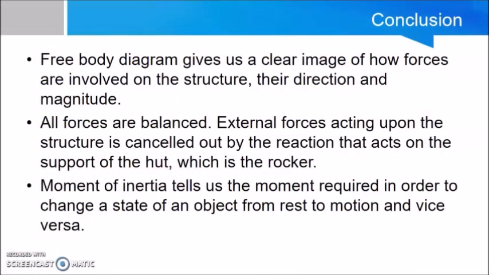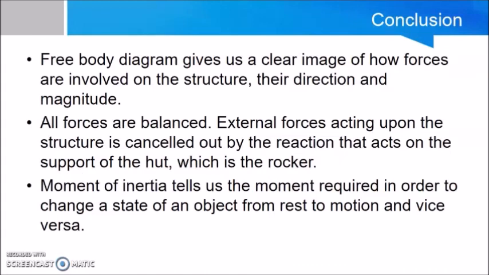For conclusion, a free body diagram helps us to give a clear image of how forces are involved on the structure, with their direction and also magnitude displayed. Secondly, by using the laws of force and moment, we know that all the forces are balanced.